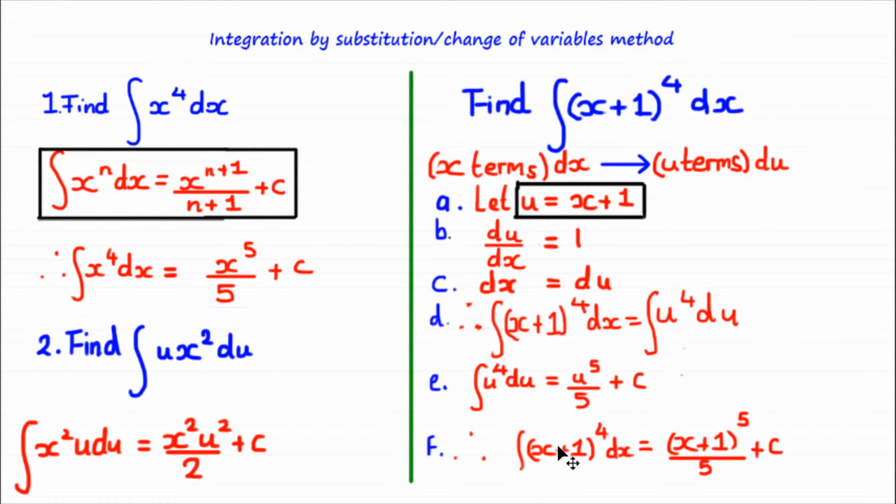Using the assigned value of u, we substitute the x plus 1 back in, giving us a final answer of x plus 1 all to the power of 5 divided by 5 plus our constant of integration. So this is a general way we like to do integration by substitution questions. Okay, let's move on.